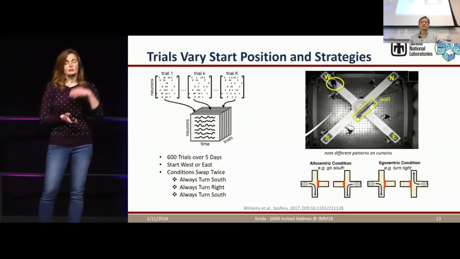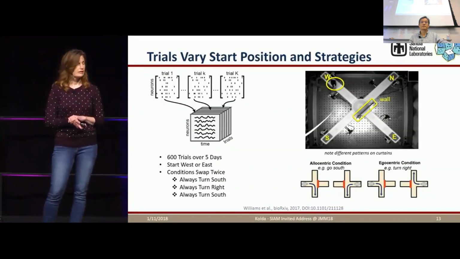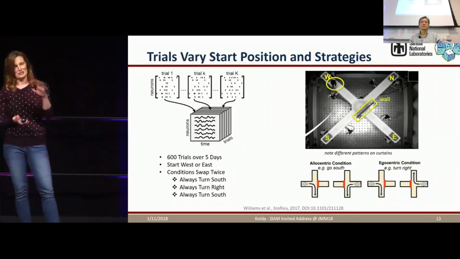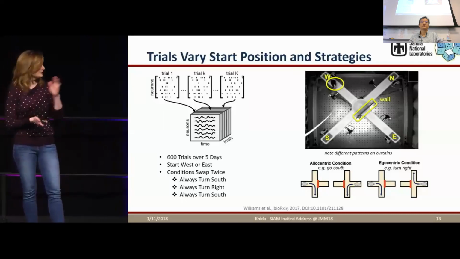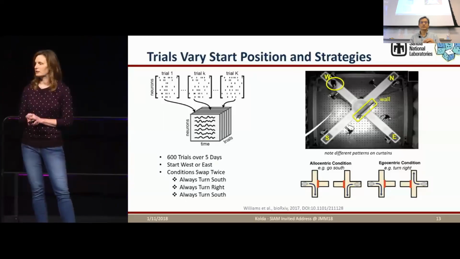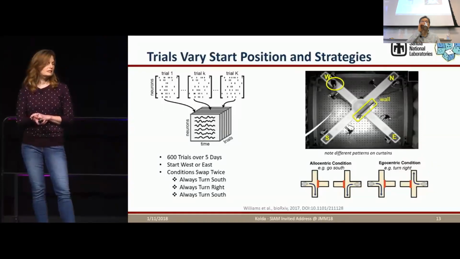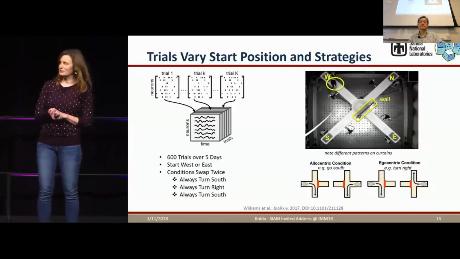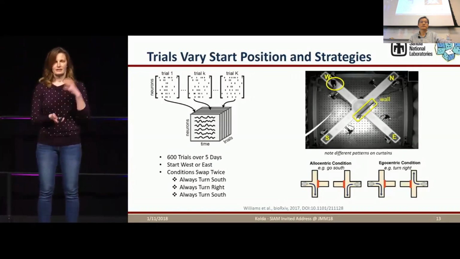It does that for a bunch of trials, and then they change the rules. And isn't that just how life goes? The rules are just changing in the middle of your life, and then you have to switch your behavior. So then the mouse can turn right. Nothing changes if the mouse starts in the west. If it starts in the east, it needs to turn north to get its treat. Then they change the rules again, and the mouse has to figure out a new set of rules to get its treat. So that's the setup.